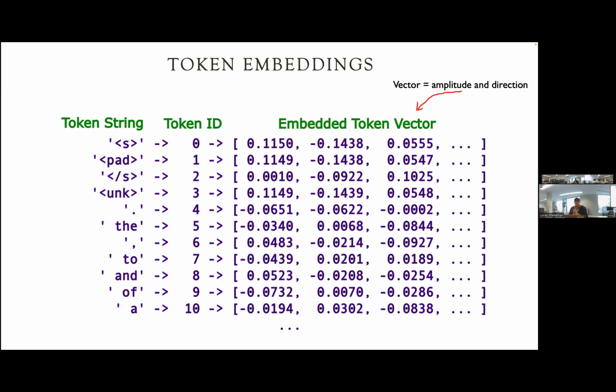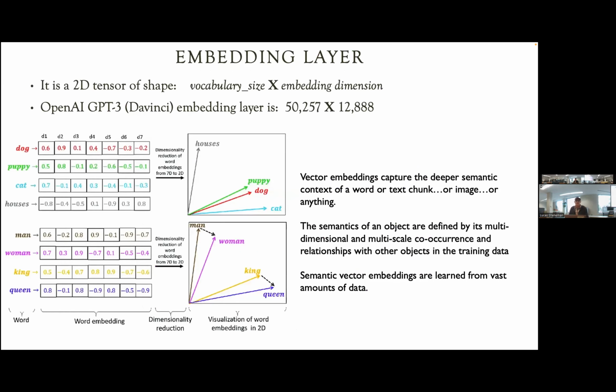What these embedding vectors do is they capture the deeper semantic context of a word or text chunk or image or anything, right? For whatever object you're creating an embedding vector for, it is a hyperdimensional representation of the semantic meaning of that object in the context of your overall corpus.